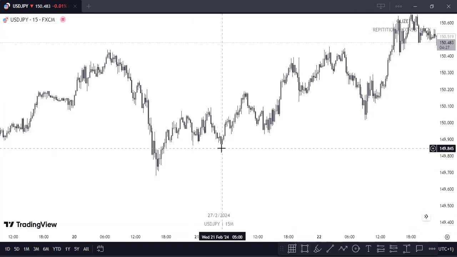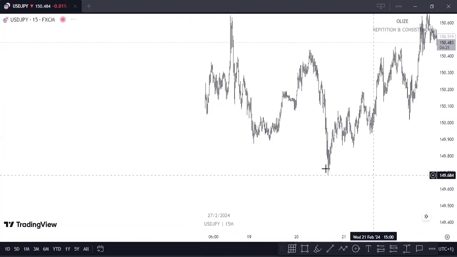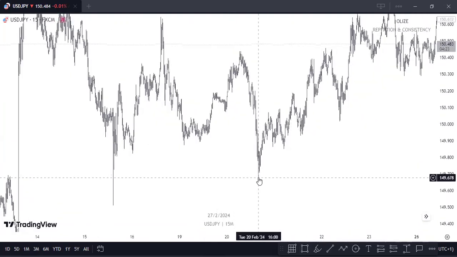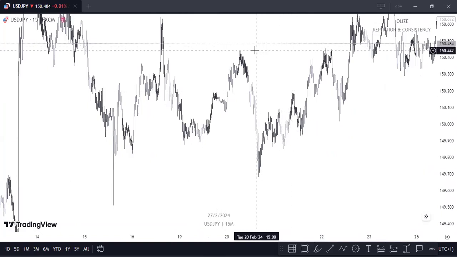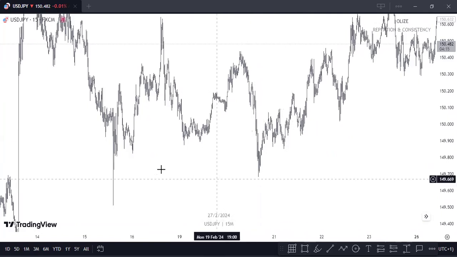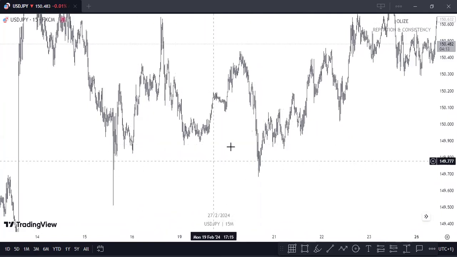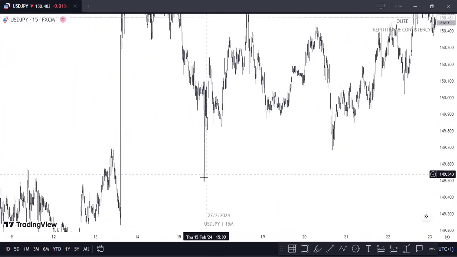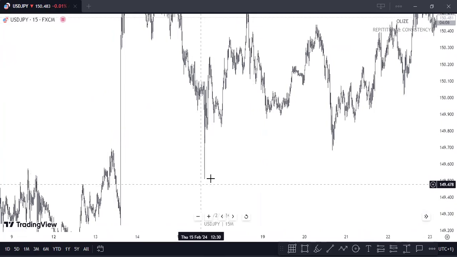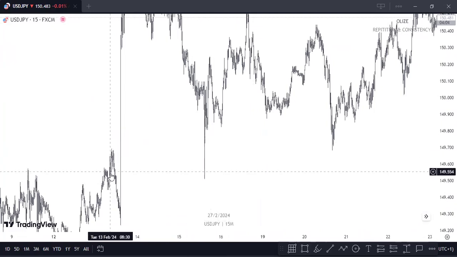So taking here to be your SLQ, here to be your overall low, then this to be your break of structure, right? Then a Quasimodo reversal from here. But this guy here is a mitigation of a 20 minute breaker block.